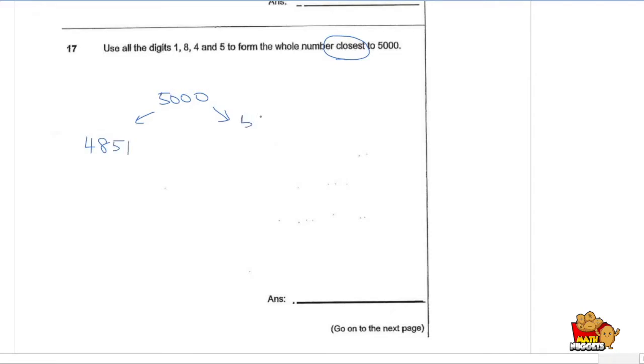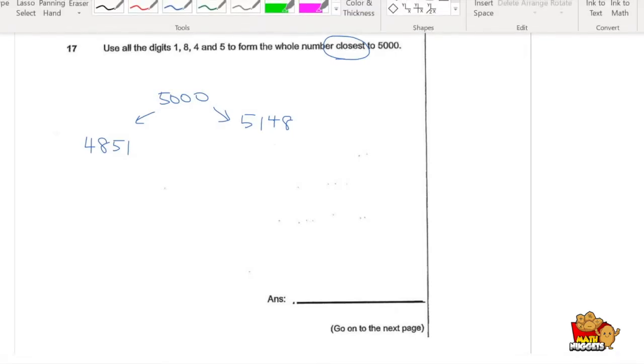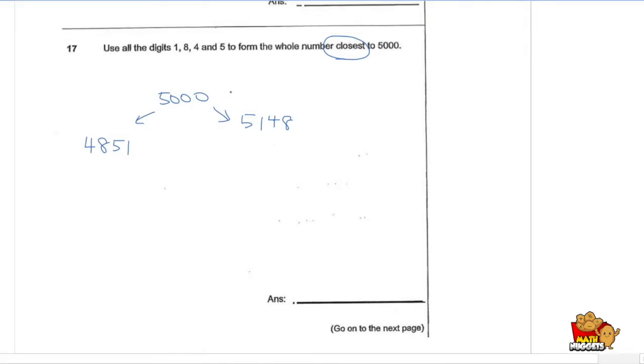If I form a number that's more than 5,000, that would be 5148. But they want closest. So the difference between 5,000 and 5148 would be 148.